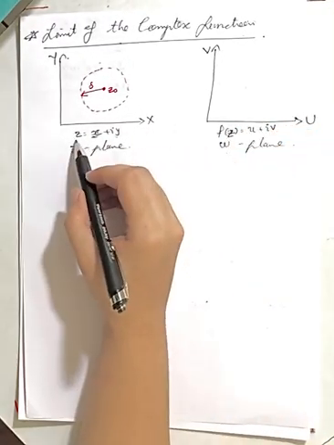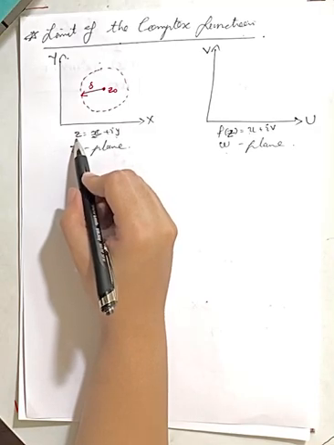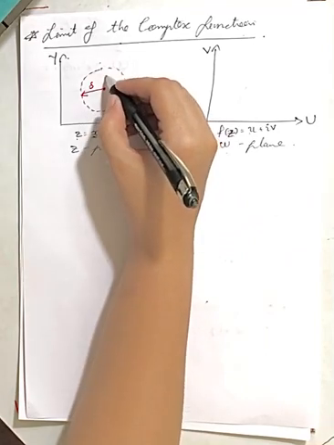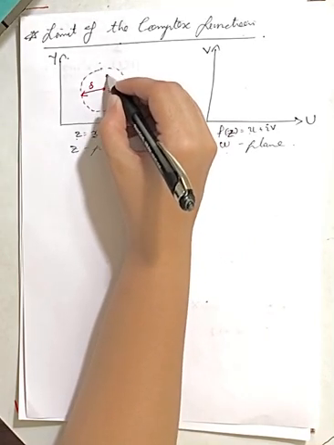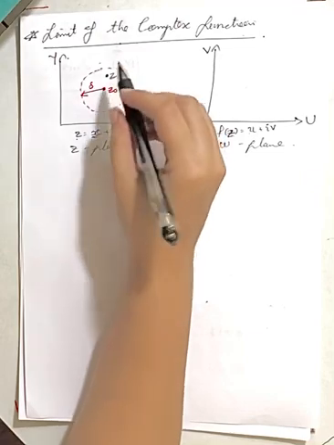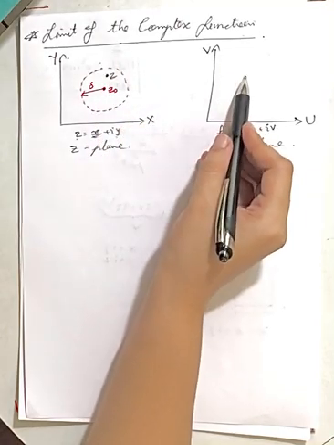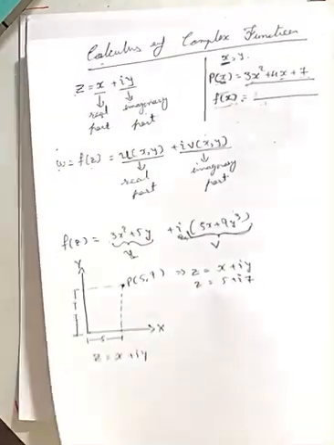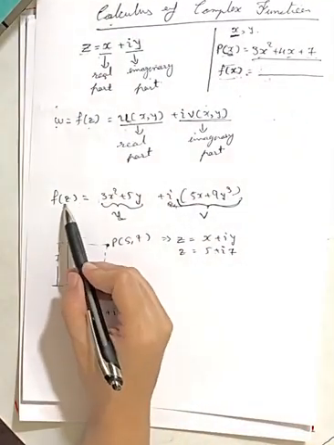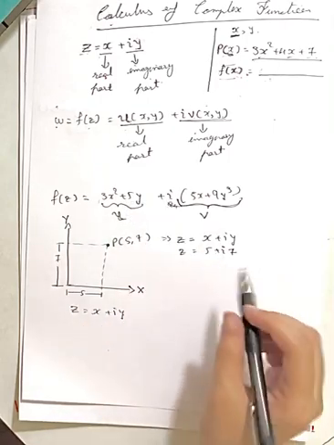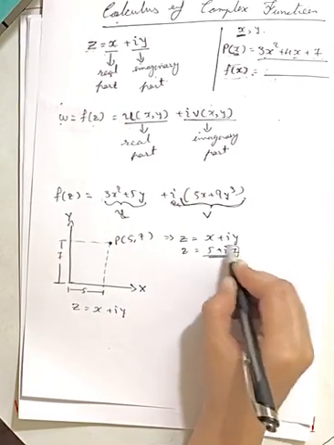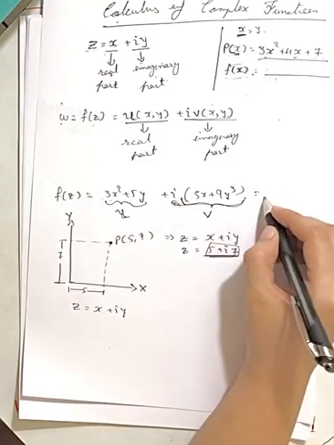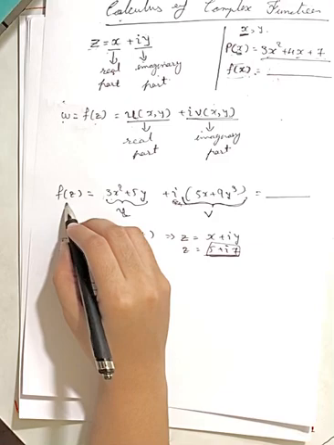If I have a variable z, then of course I will have a corresponding value of f of z. So for one point z, there will be a corresponding point f of z. If I plug in the values of x and y in this function f of z, I will get some final value of f of z.